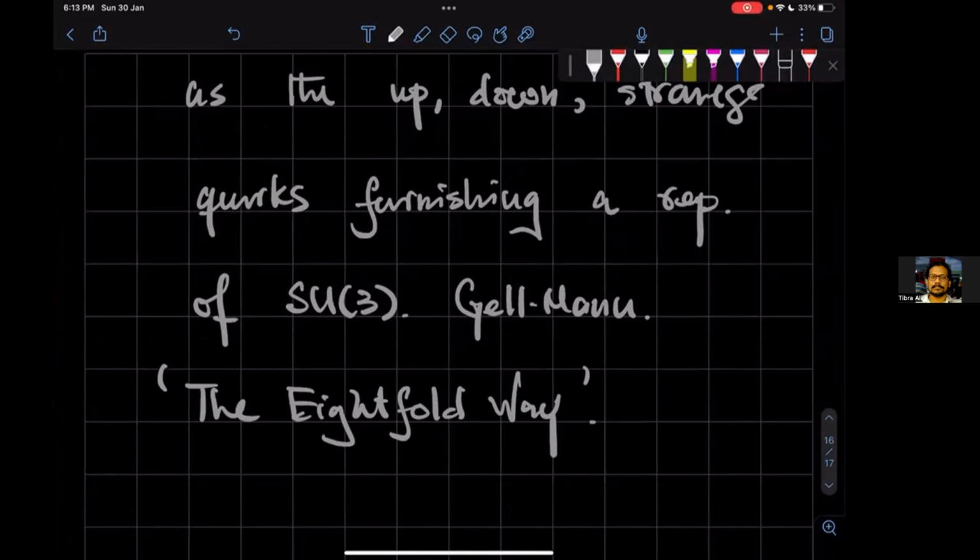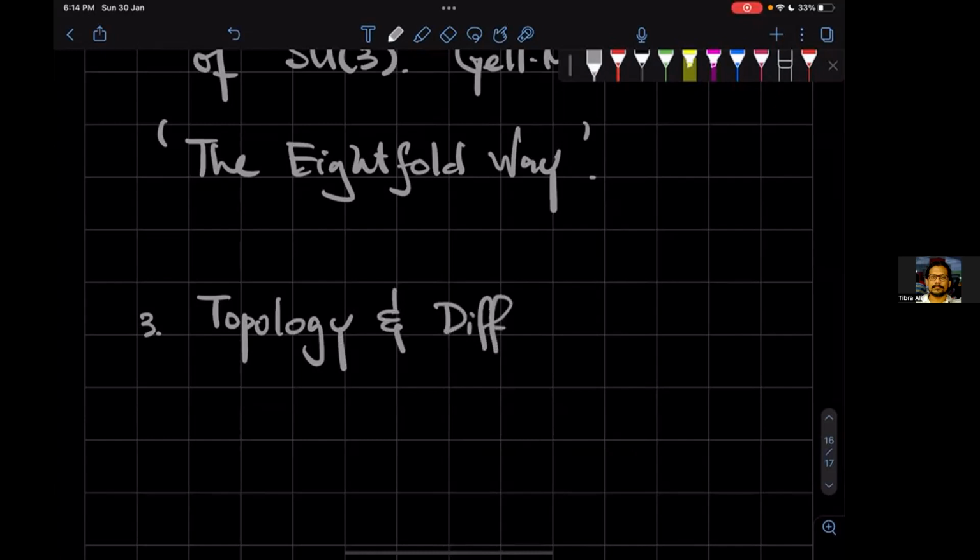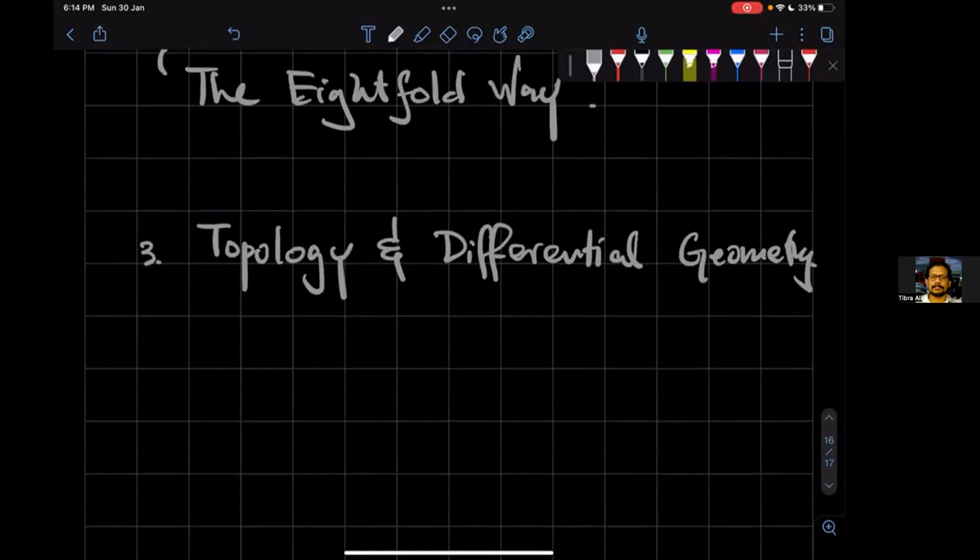So next I want to talk about some applications in mathematics. So topology and, say, differential geometry, okay? There are these groups in topology called homotopy groups.